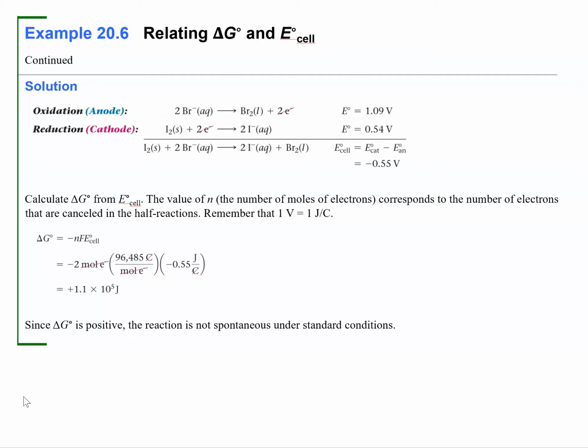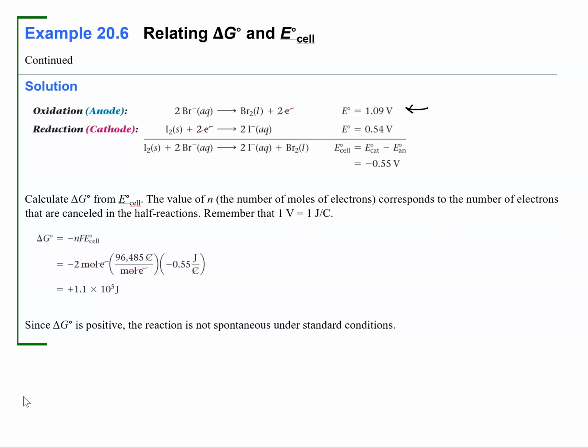And we have standard potentials for each of these, with the first being 1.09 volts for our bromine and 0.54 volts for our iodine. When we sum these, we see the electrons cancel, and when we subtract the anode from the cathode, it is negative 0.55 volts.